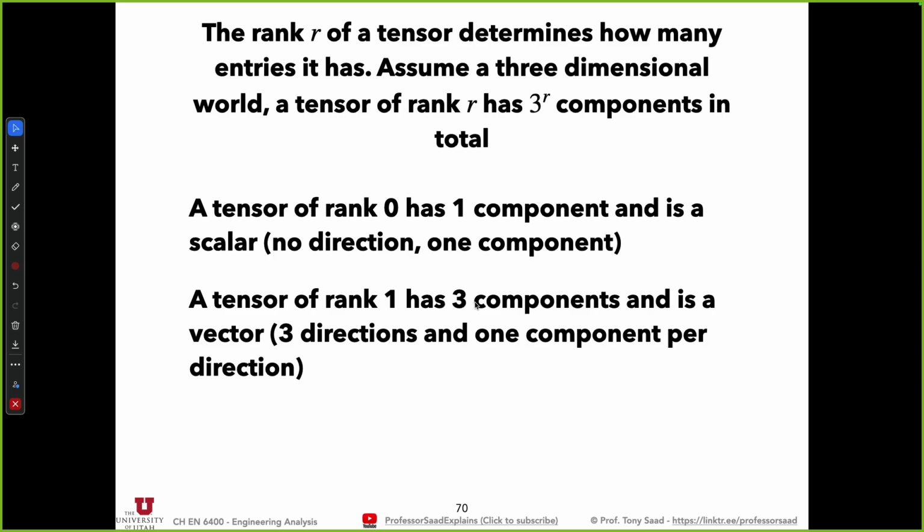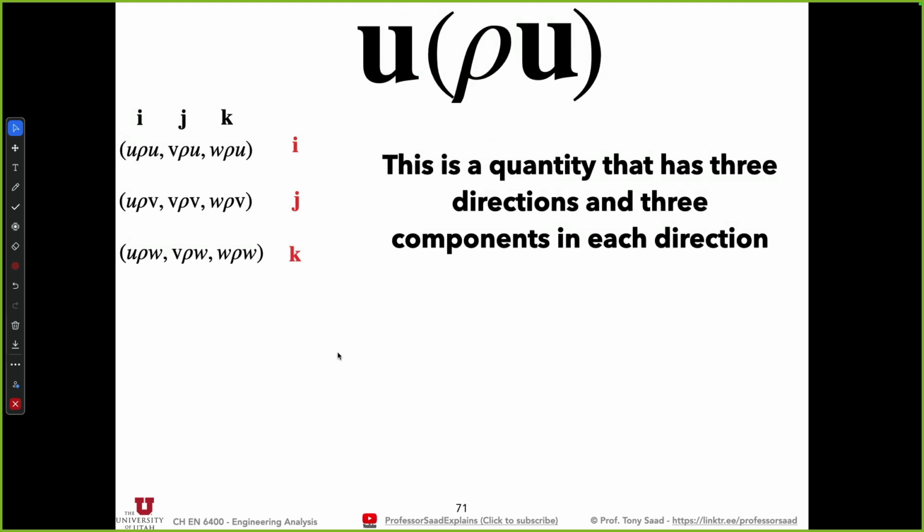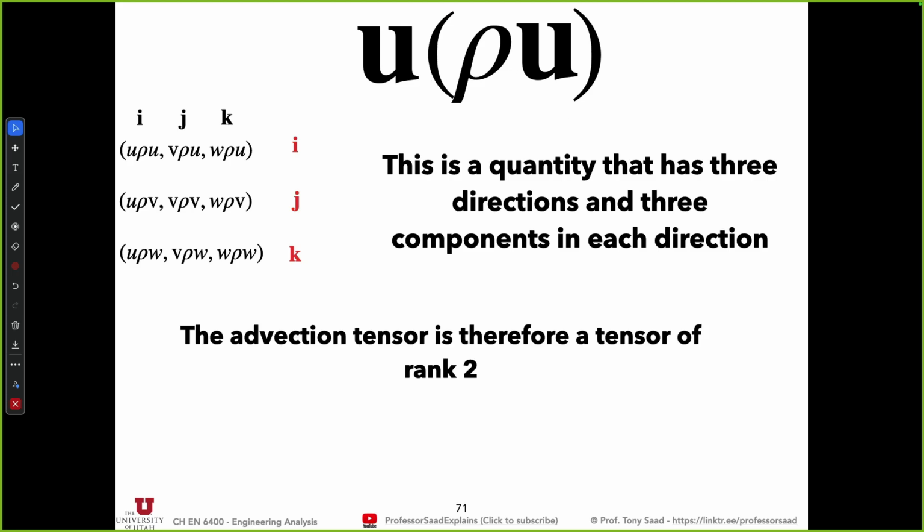And finally, a tensor of rank 2 has 3 to the power 2 entries, 9 entries in it. And therefore, our advection tensor is a tensor of rank 2. It has 9 entries, accounting for 3 directions and 3 components per direction. So that's 3 by 3, which gives you 9 total entries.